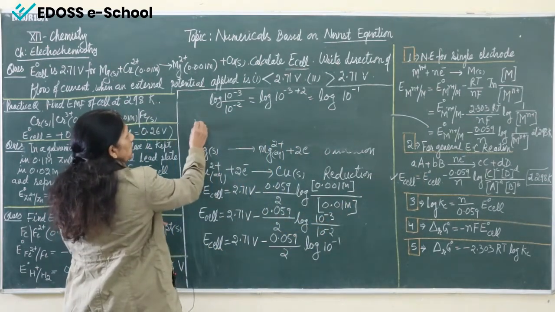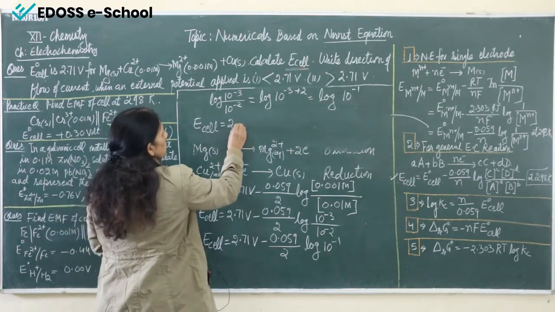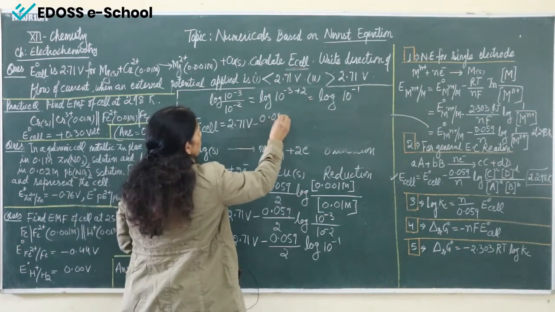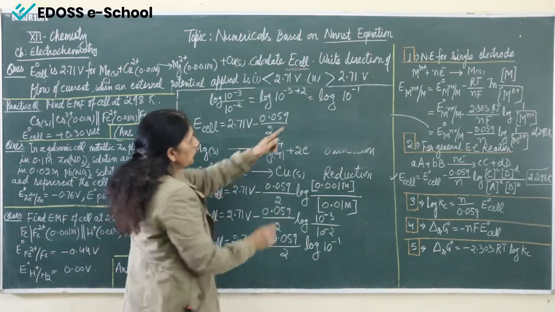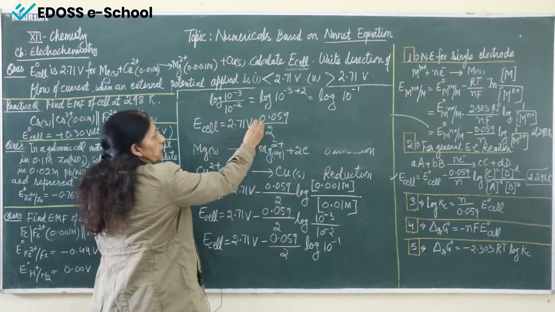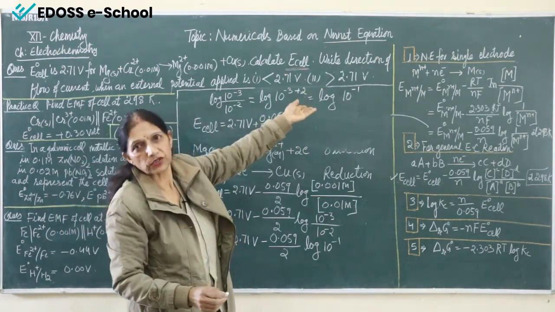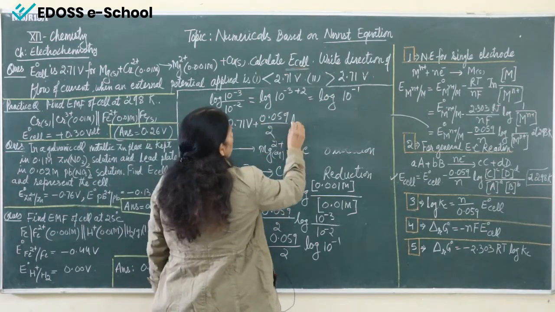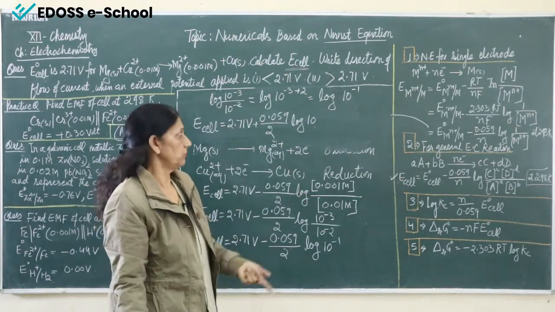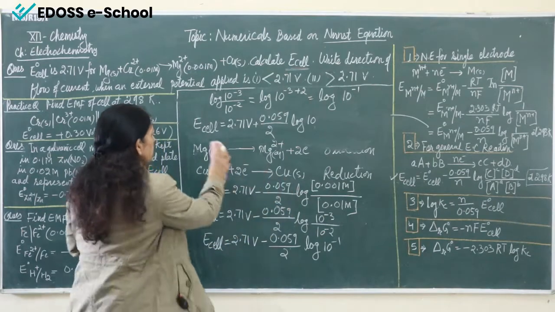E of the cell is equal to 2.71 volt minus 0.059 upon 2 and log 10 raised to power. Here we will make it plus now and this value will be inverted. So this will be equal to log 10, or log 10 to the power 1. Now we can solve it. Now this has become very easy.